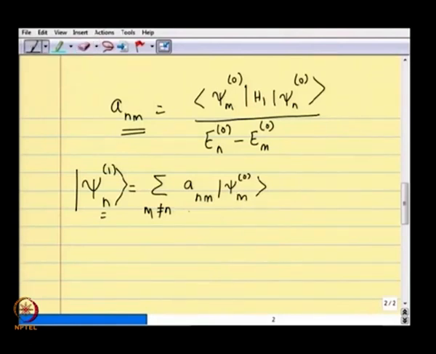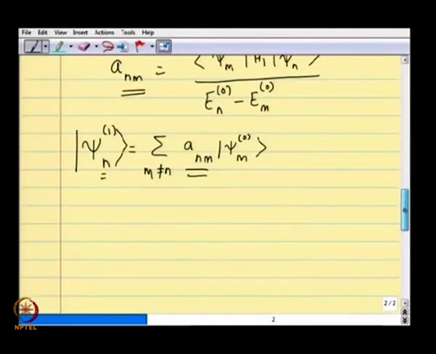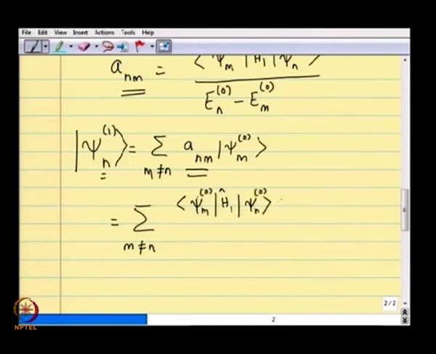So now we have an explicit form for this coefficient just in the previous line. If you substitute that, what we get is the summation, namely m not equal to n, psi m 0 h1 psi n 0 times the ket vector psi m 0.